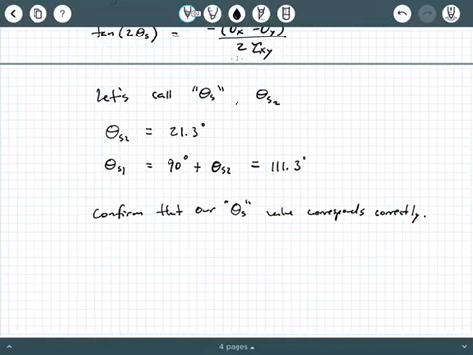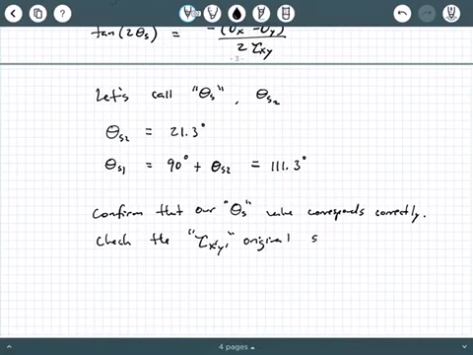And again, we want to confirm that our theta s value corresponds correctly.